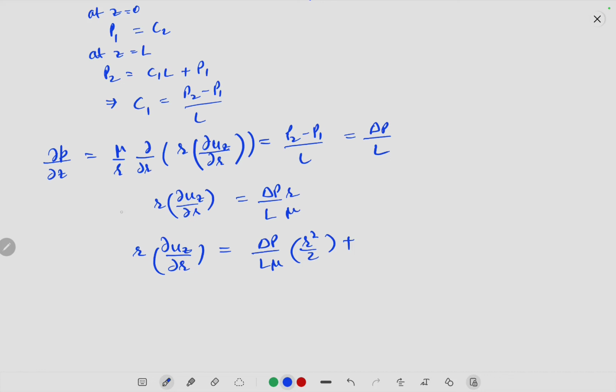Since uz is a function of r only, this is actually d by dr, so that's why there will be a constant that is not a function of theta and z. Let's say this is a constant C3.